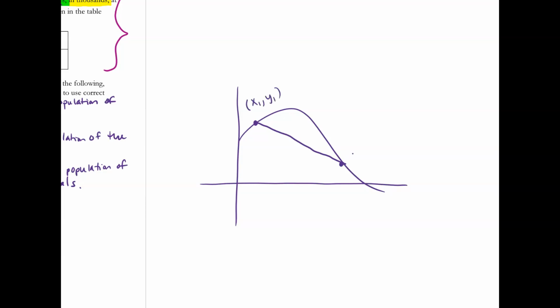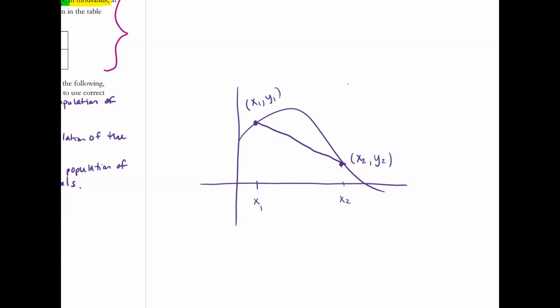This point right here would also have an x and a y coordinate. And what you're really just doing when you find the average rate of change between this point where x is x1 and this point where we have x sub 2, you're really just calculating the slope of the line segment that connects those 2 points.